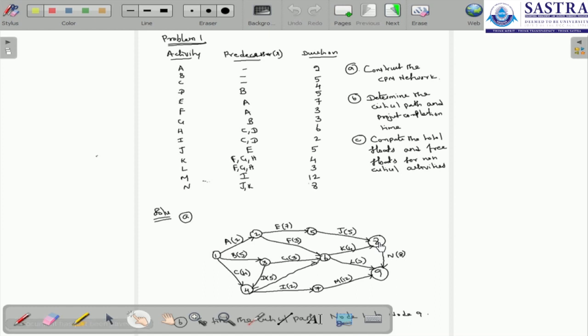Now the next activity is K, and the predecessors of K are F, G, H. There are 3 predecessor activities for the Kth activity.